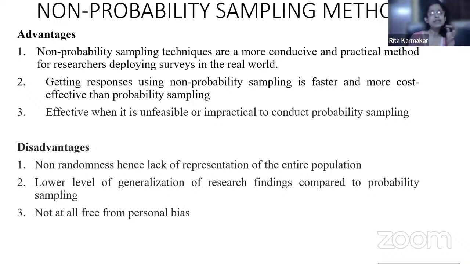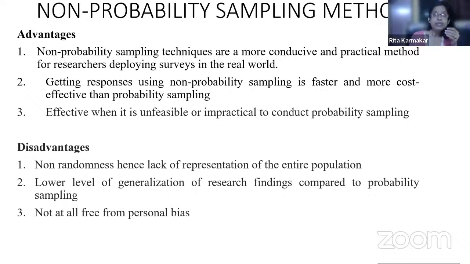The basic common advantage of non-probability sampling is that it is conducive, easy, faster, cost effective, and you can do it very quickly. But the first and foremost disadvantage, as I have been telling you since the very beginning, is non-randomness. It creates a lot of sampling bias, personal bias, and sampling error.